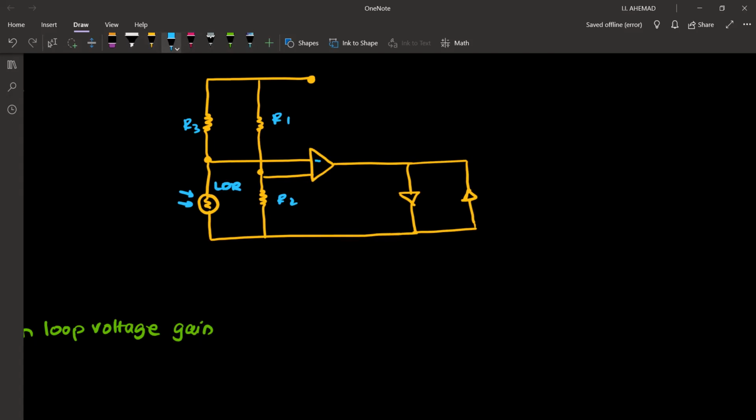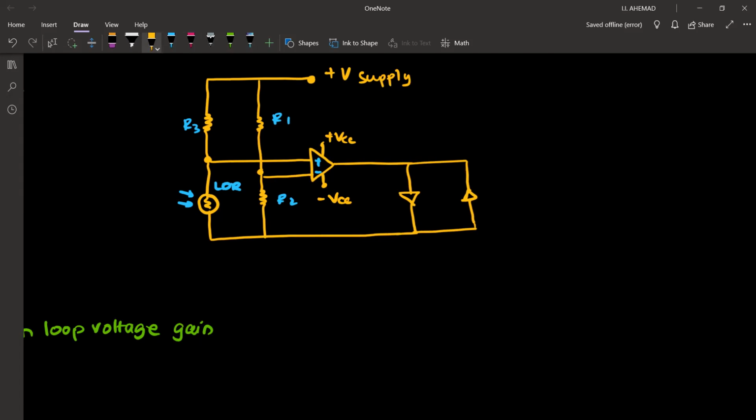This, let's say, is the positive terminal, and this is the negative terminal of this op amp. And we have plus VCC and minus VCC. This is our supply, plus V supply, voltage supply.